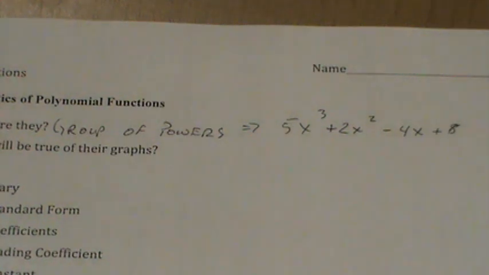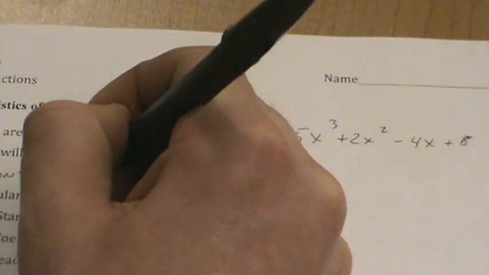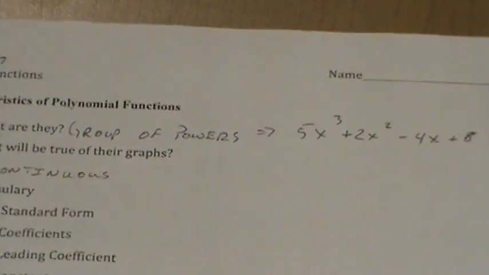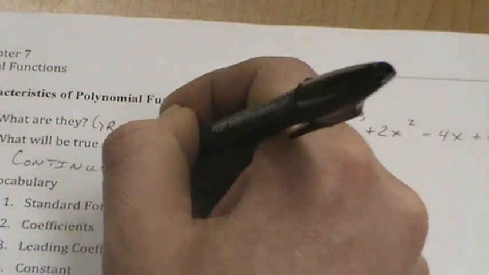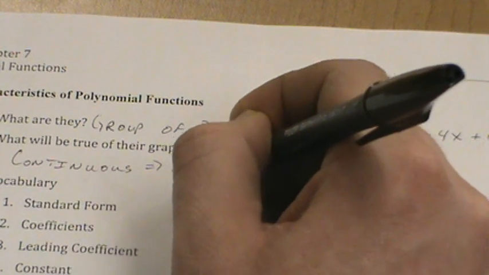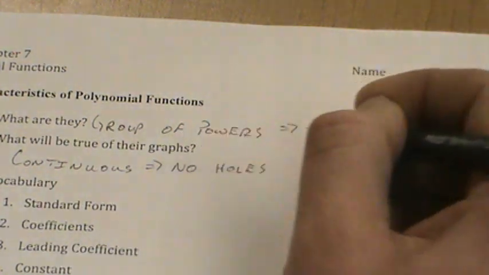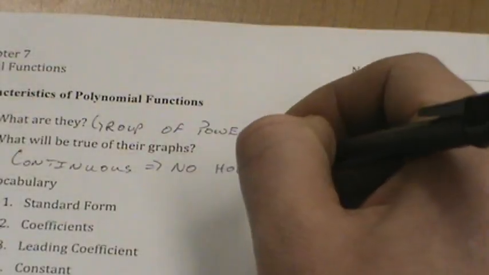Anytime you have a graph of a polynomial, you'll know that these will be continuous graphs. So in other words, there'll be no holes, there'll be nothing missing, and no asymptotes.